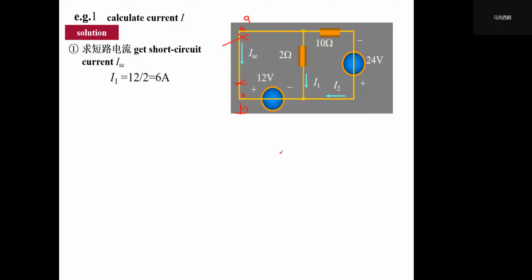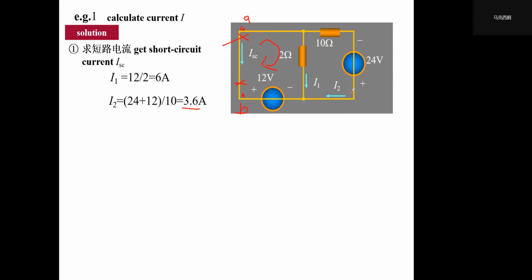We know that I1 equals 12 over 2 in this mesh, so I1 equals 6 amperes. And we can calculate that 10 times I2 plus 2 times 6 amperes, so 12 volts, equals 24. So we can calculate I2 is 3.6.